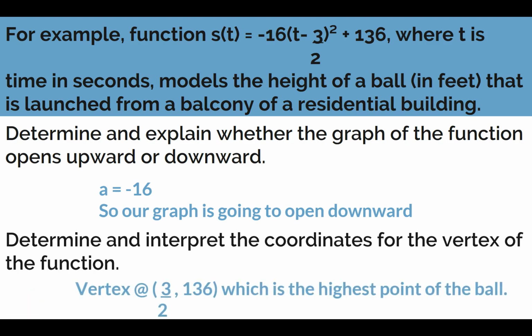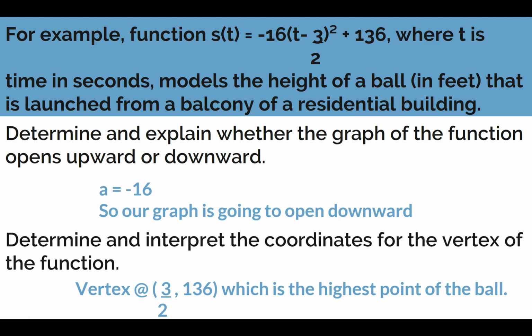The vertex in this situation, since we are opening down, will be the maximum height of the ball. Okay, that's old news. You know vertex shows us maximum height or minimum height.